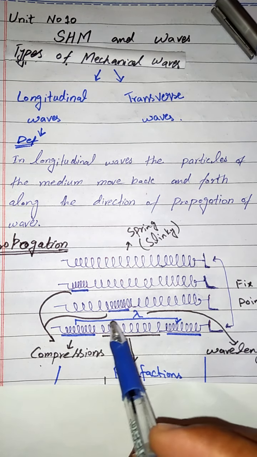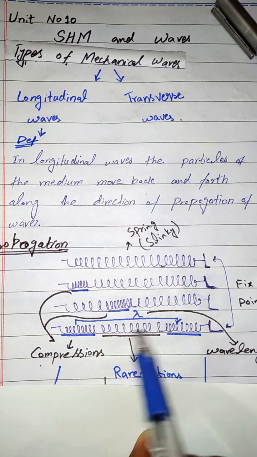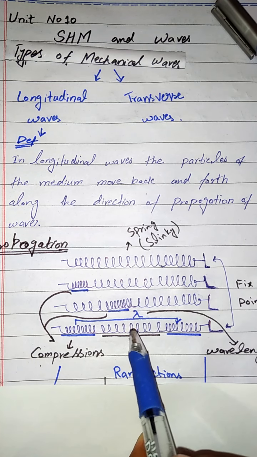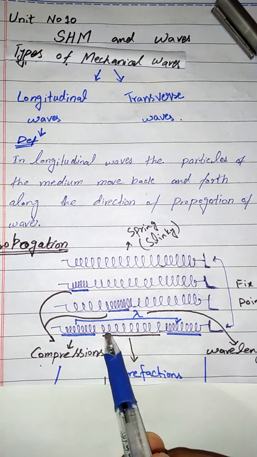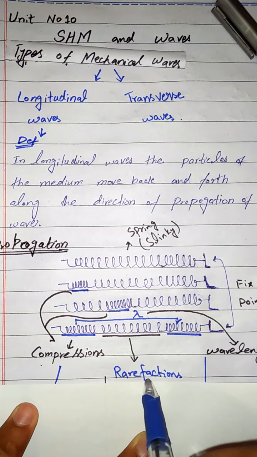A series of disturbances in the form of waves will start moving along the length of the slinky. Such a wave consists of regions called compressions, and the regions where the loops are spread apart are known as rarefactions.